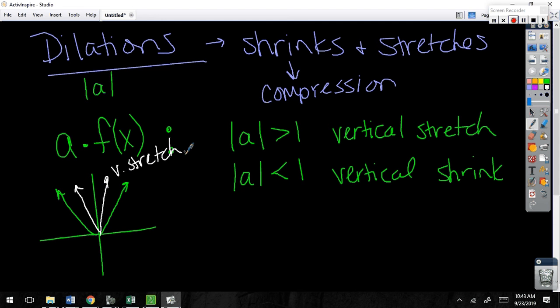In the same way, if I took this graph and shrunk it vertically, you smush in the ends, it doesn't have any choice but to go out, right? So a vertical shrink is going to do that to the graph. That's where you'll have to put points in to see.